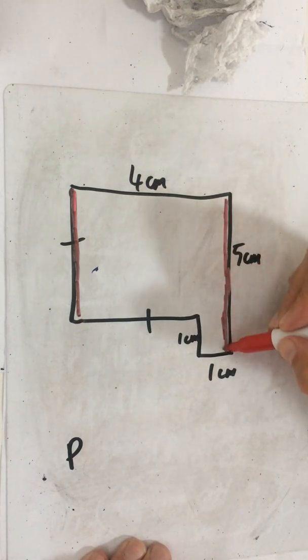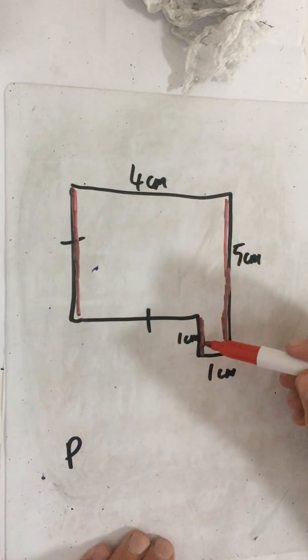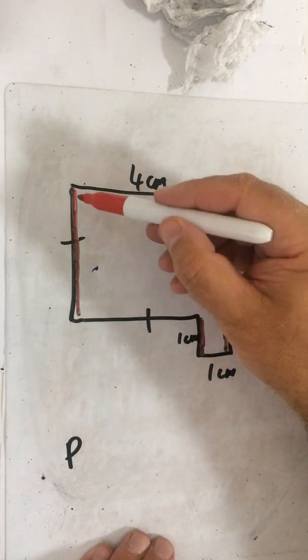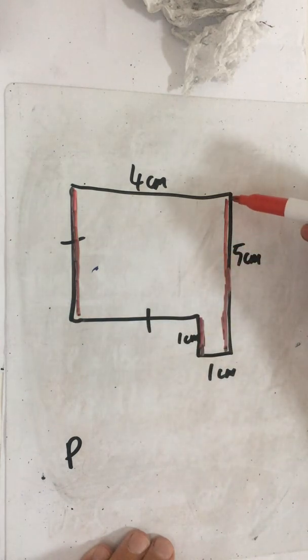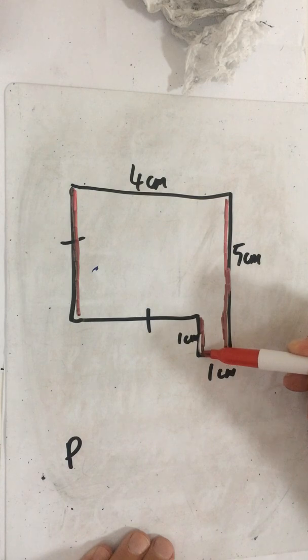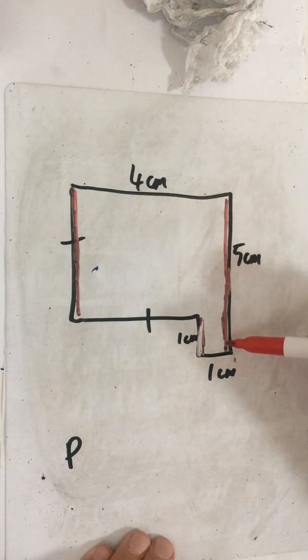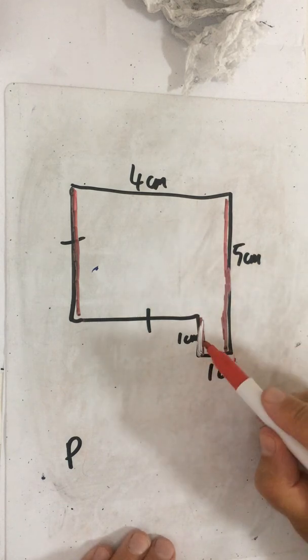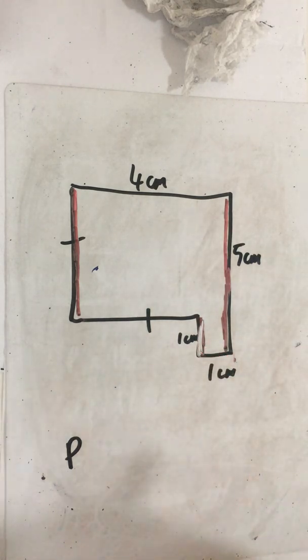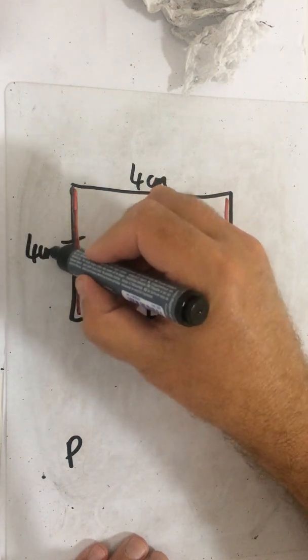Okay, but this little red line is actually joined with it, so I know that this little one and that longer one will be the same as the 5, won't it? Okay, this one and this one, because they're both directly opposite, are opposite the 5 here. Yeah, the 5 centimeters.